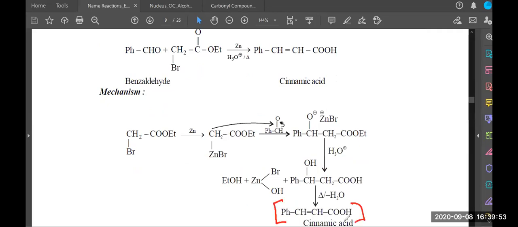Now if you remember, we have formed this product by one more method. Tell me, what is the method? Let's see how good your memory is. Yes, Harsha, very good.